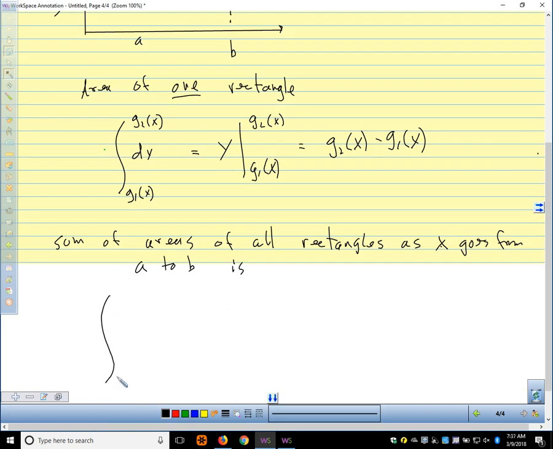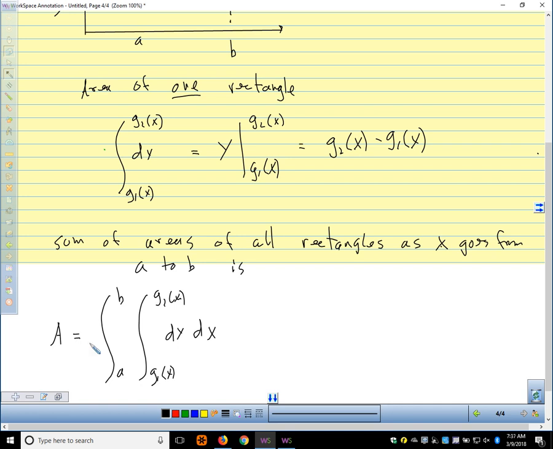We're going to integrate from x equals a to x equals b the area of each individual rectangle, the integral of dy, and we're going to evaluate that outer integral with respect to x. So the sum of the areas of those rectangles is an iterated integral. So we can represent the area of a plane region as an iterated integral.